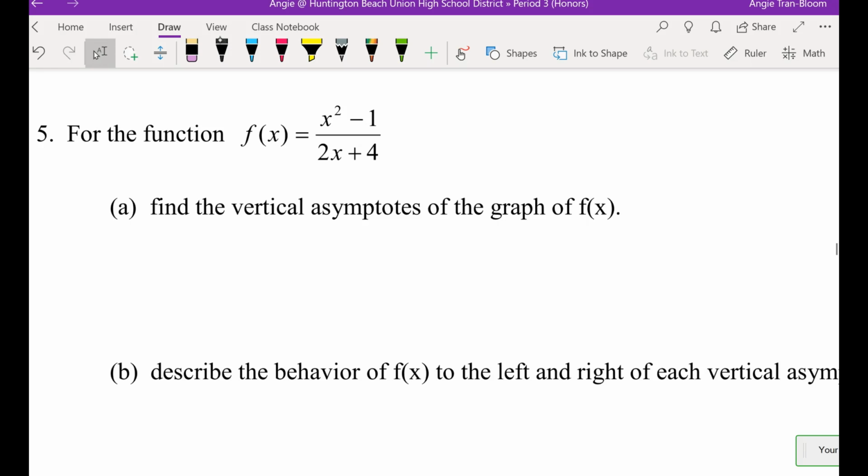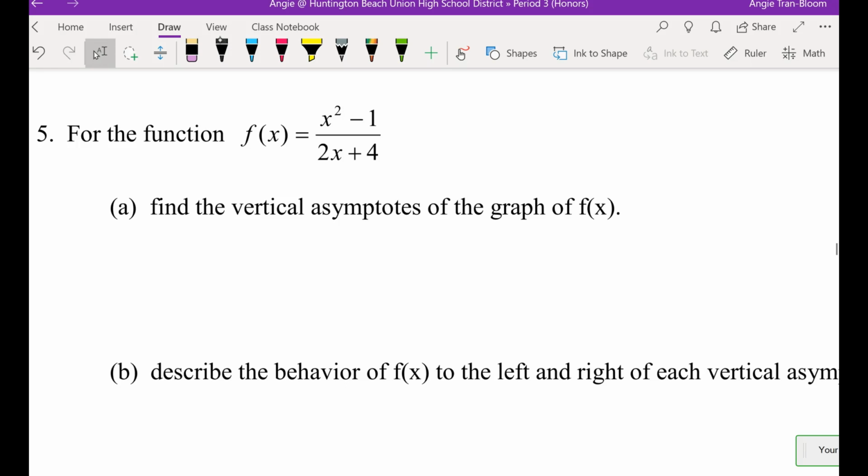All you do is set the denominator equal to 0. So algebra 2, how do you guys define the VA?